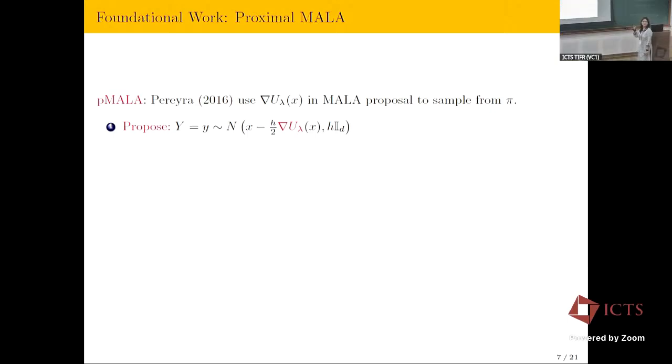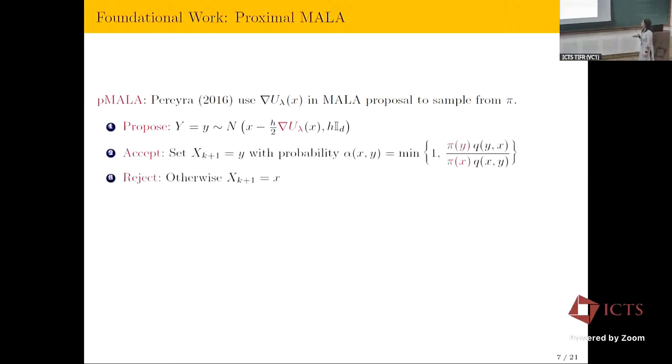So I'm replacing the original gradient of a function that's not differentiable with the derivatives of a smoother function, which is an approximation. But then I'm going to do accept-reject with probability alpha, where alpha is the minimum of 1 and pi times q over pi times q. So it's not pi lambda, but it is pi, because we want to sample from pi.